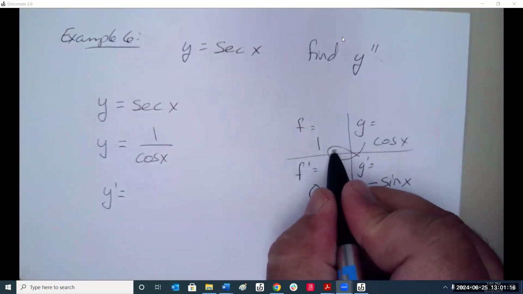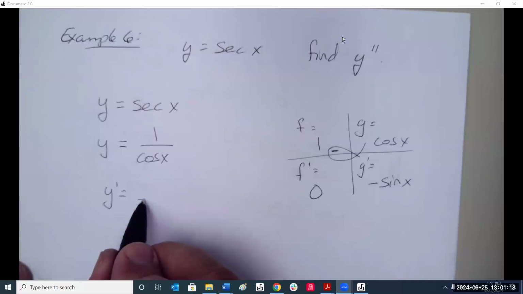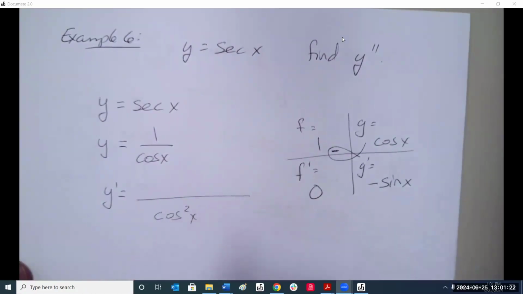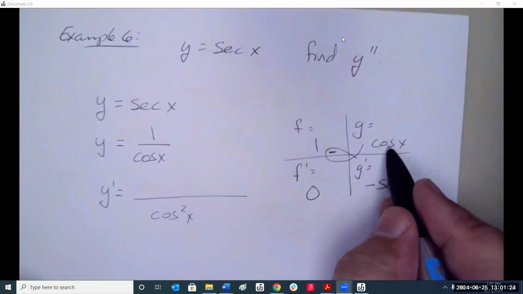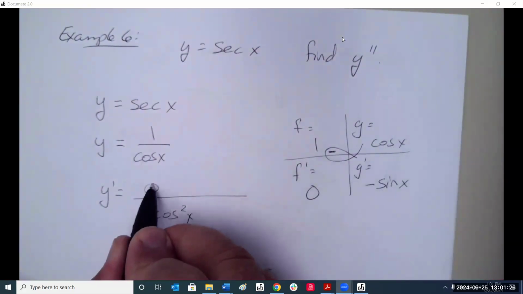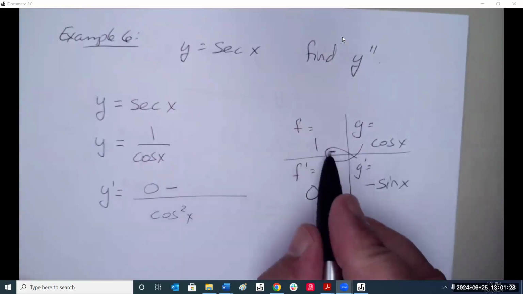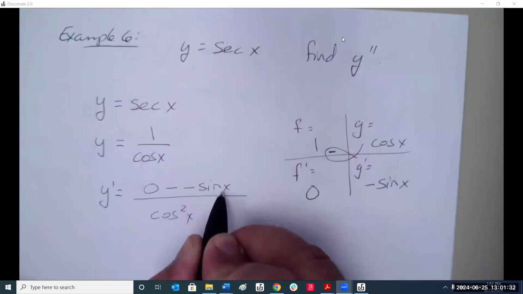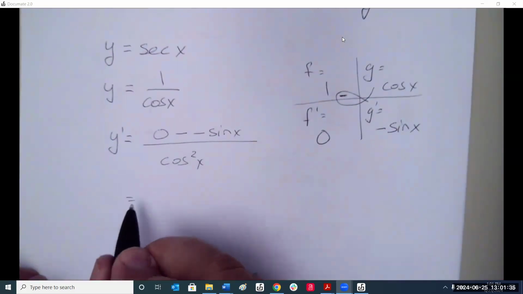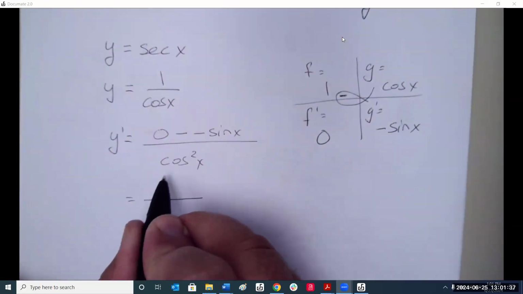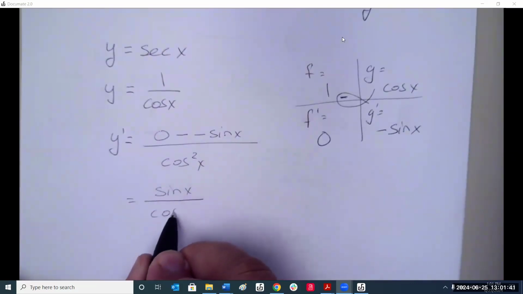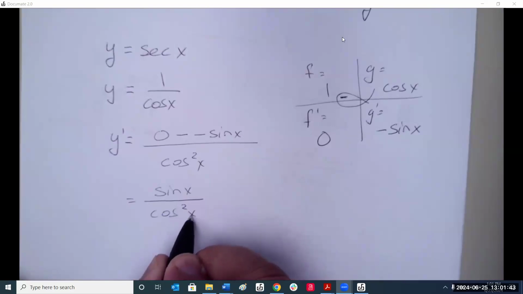Since it's a quotient, we subtract. All over cosine squared. Cosine times 0 is 0. Minus 1 times negative sine is negative sine. Is equal to sine x over cosine squared x.